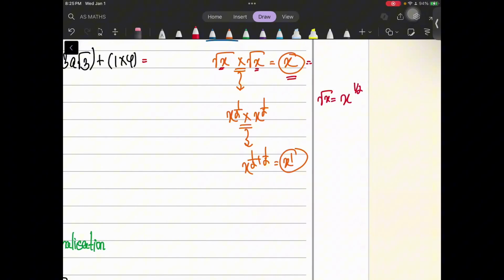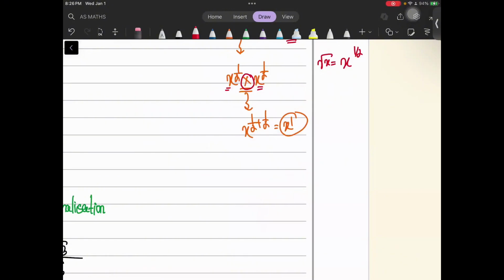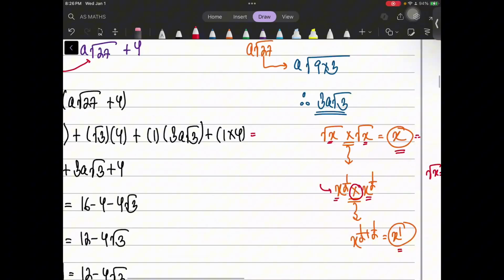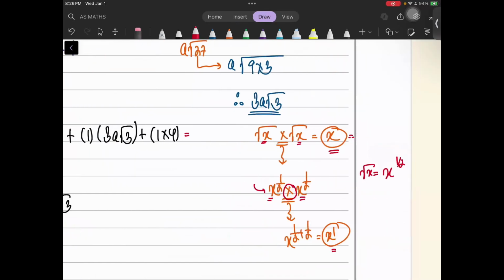When multiplying, when the bases are the same, you take the common base and add up the powers. So x to the power half plus half is equal to 1, right? So if you multiply the square root of something with the square root of that thing again, you get the thing itself. This is how it works.